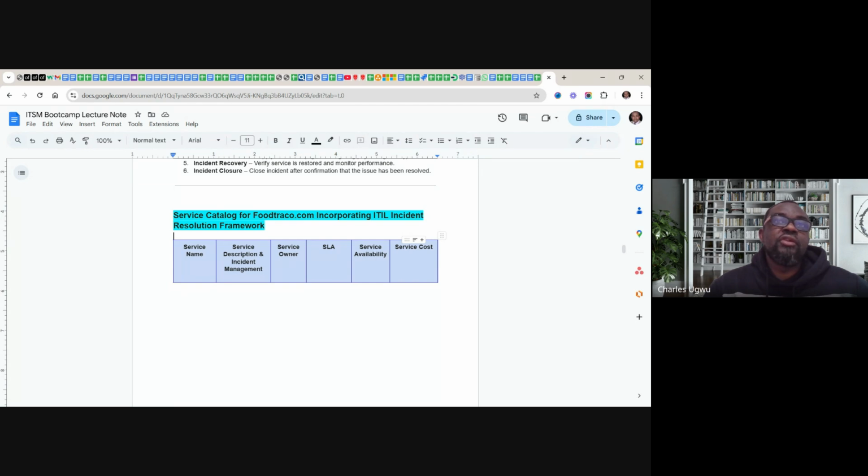Service costs, most of the time we don't capture it, but I capture it because the last time I created a service catalog, the IT director asked me to put the service cost so that it will help us understand the cost of every service we provide, and help us make budgets, to understand how much we need in order to run the ITSM unit.